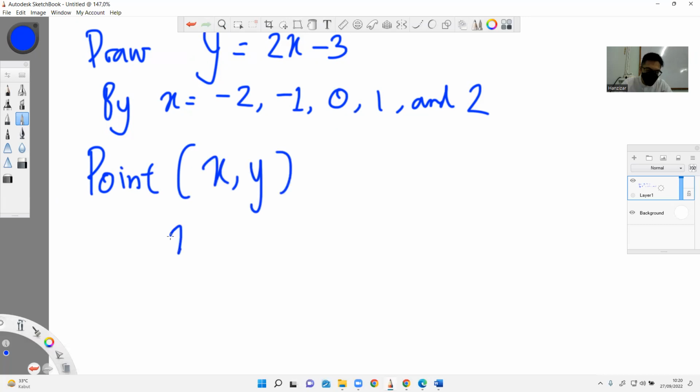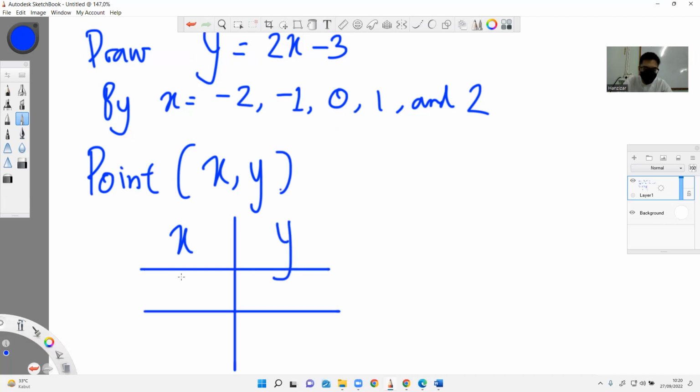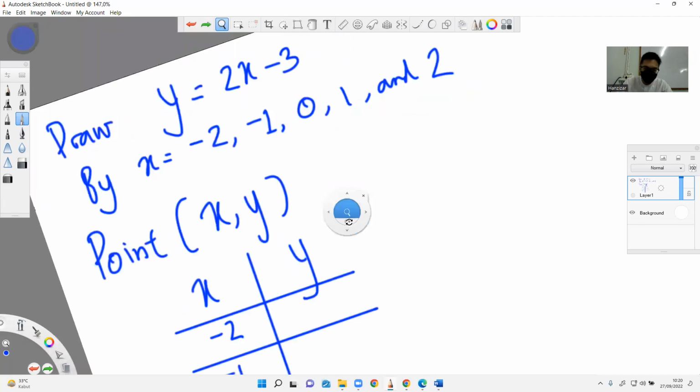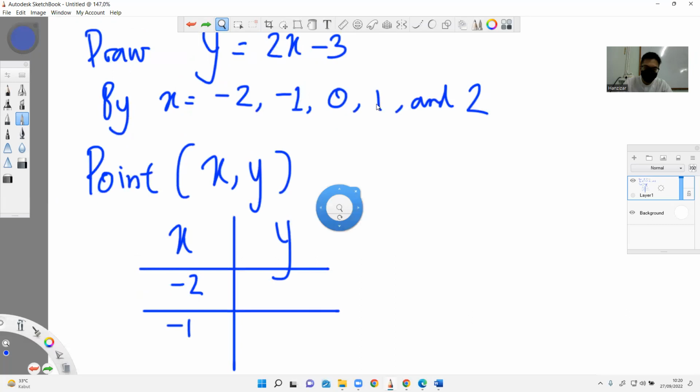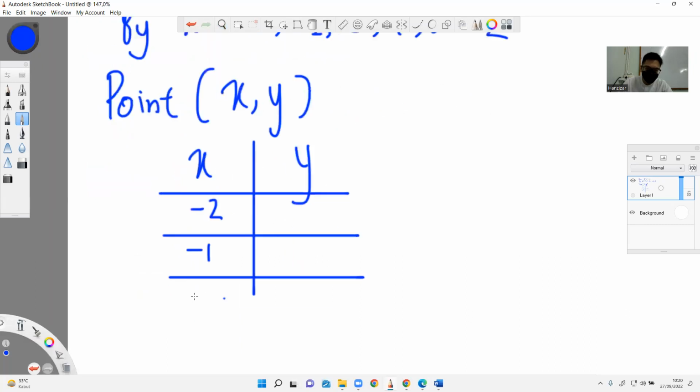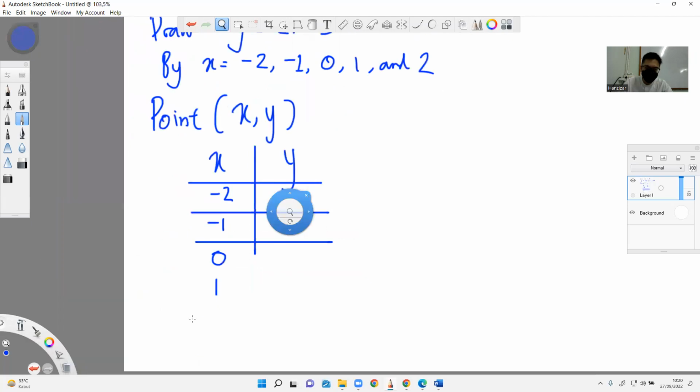So you create a table, x and y, and you plot it: negative 2, negative 1, and then 0, 1, and 2. Right? Because it is given, start from negative 2, negative 1, 0, 1, and 2.